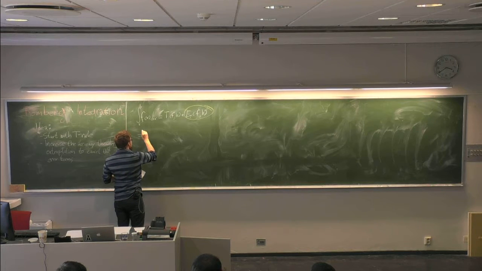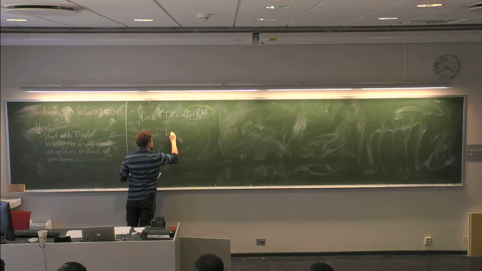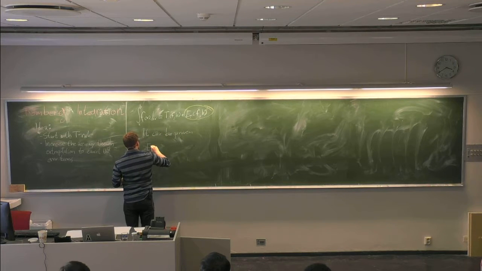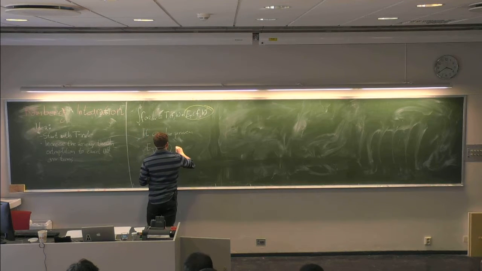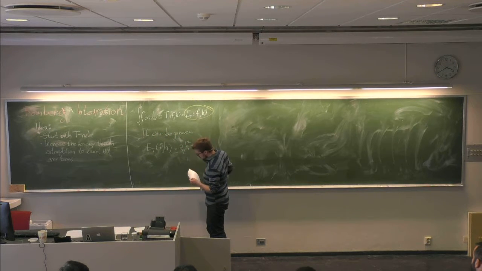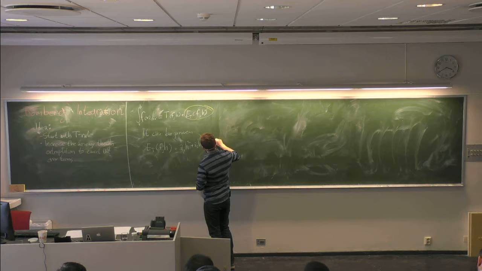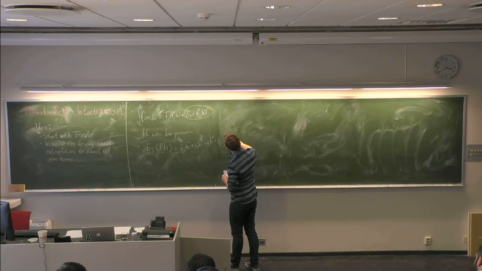It can be proven that the error of this trapezoidal rule follows a pattern, which is some constant a1 h to the power of 2, plus a2 h to the power of 4, plus a3 h to the power of 6, und so weiter, where these a_i are constants.